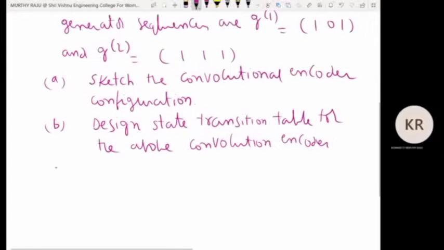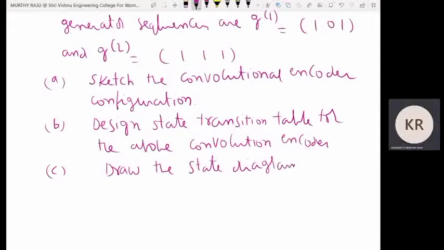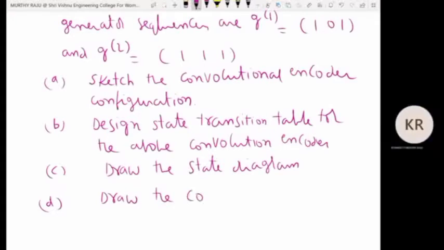C bit, draw the state diagram of the above convolutional encoder. D bit, draw the code tree.